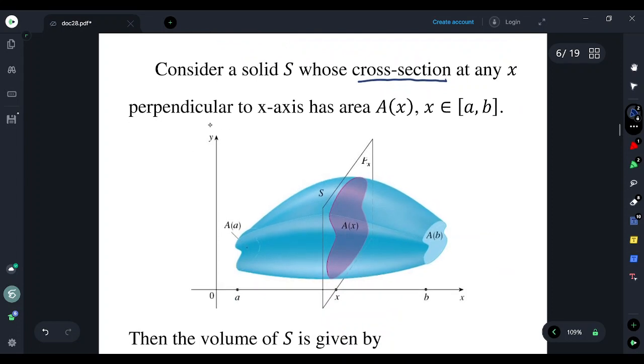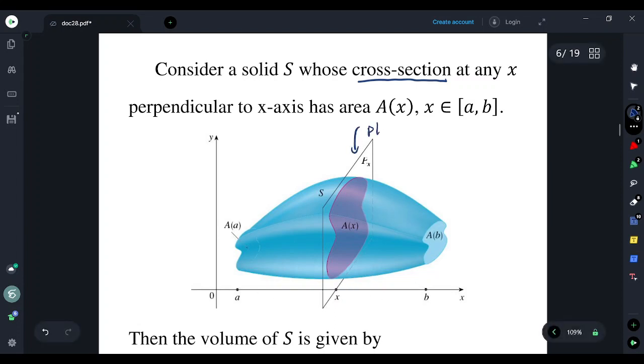So according to the figure, we suppose the solid is with the x-axis and y-axis, and when we take a plane, so this is in 3D, we take a plane perpendicular to the x-axis.